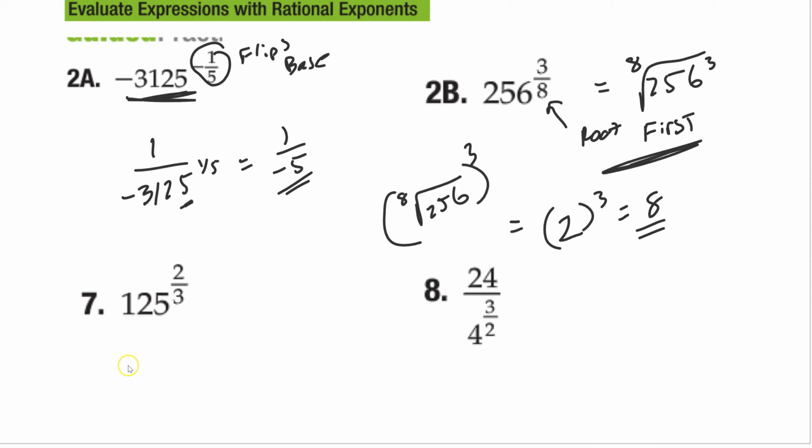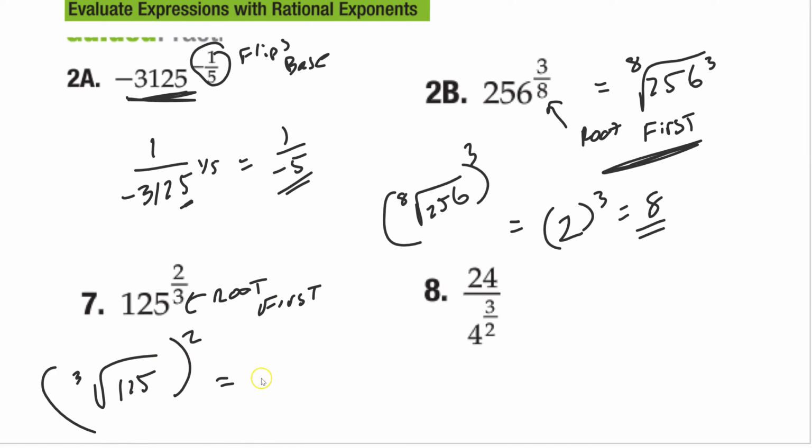So same thing here. 125 to 2/3, we're going to do the root first. So we're going to do the cube root of 125, and then we're going to square it. Cube root of 125 is just 5. 5 squared is 25. Same as the next one, just without showing work. 4 to 3/2, so we're going to square root first.